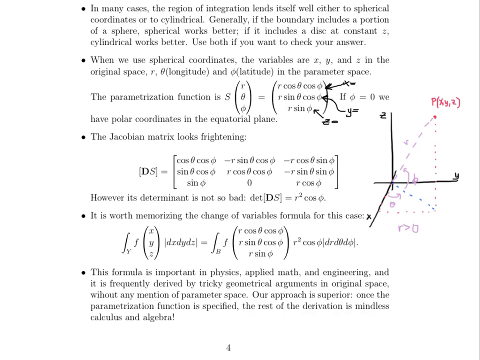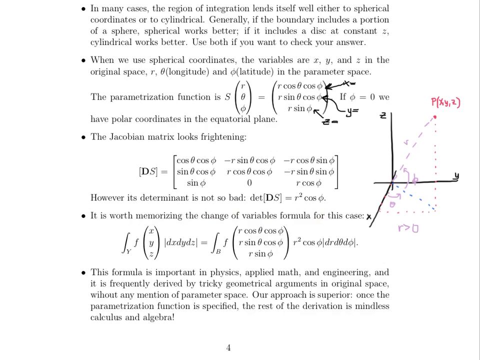For us, it is going to be r squared cosine phi. And as long as you stick with one particular definition and the corresponding determinant that you get, everything will work out fine. It's worth memorizing so this is nice and easy in your head and you don't have to rederive them from scratch, though you probably should be able to if someone asked you to do this. What the change of variables formula looks like in this particular case.